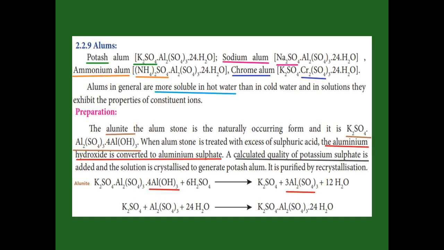That aluminum hydroxide part alone we have to change into aluminum sulfate, so the aluminum sulfate part increases. So we have to increase the potassium sulfate part also. In the second step we add a calculated amount of potassium sulfate, and along with water we get potash alum as the product. Potash alum formula is potassium sulfate, aluminum sulfate and 24 moles of water.